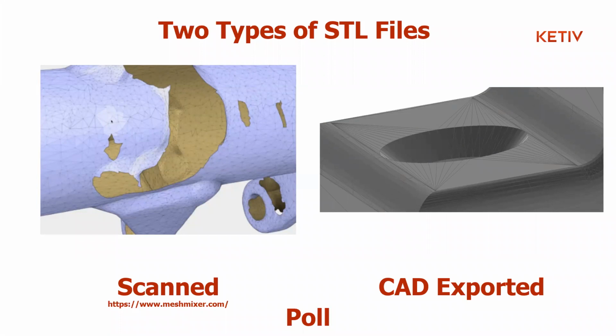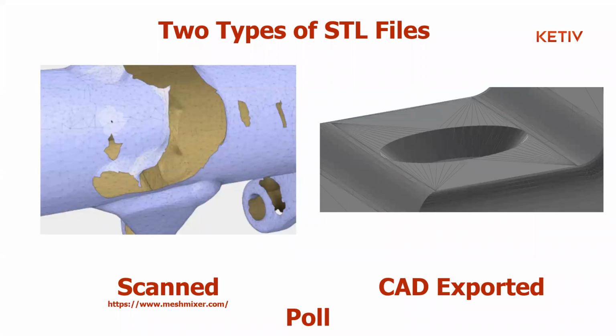Whereas on the right-hand side, we have something that was generated by CAD software like Inventor, which could also export as an STL. As you can see there, these triangles are more uniform when it comes to the corners of fillets, a flat surface, or that tapered hole. And this is what we're going to be working with today.